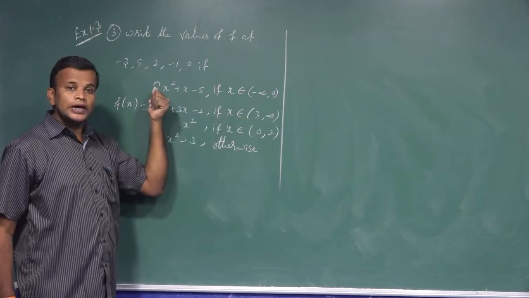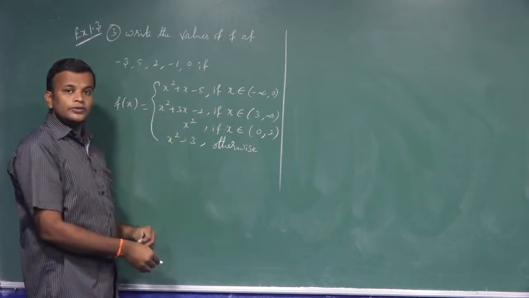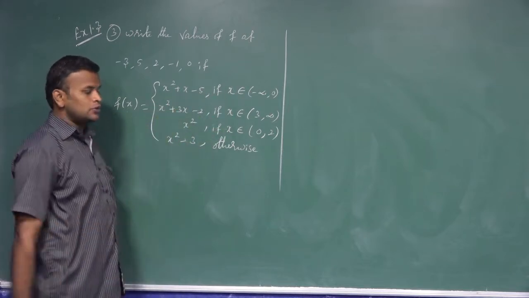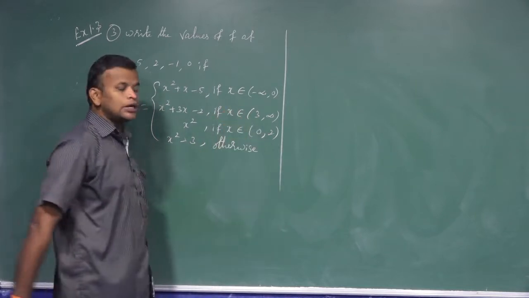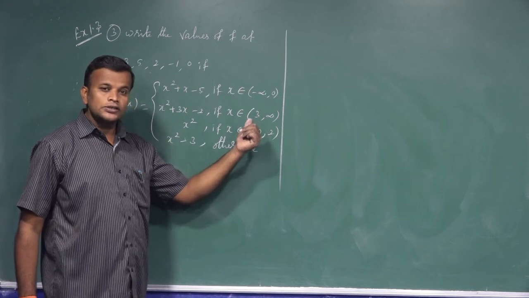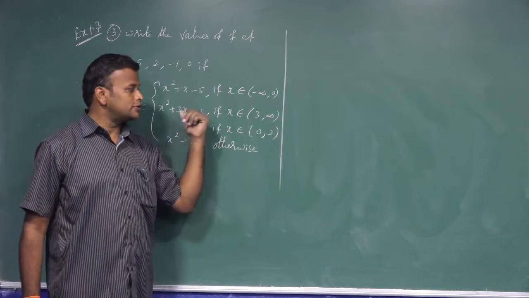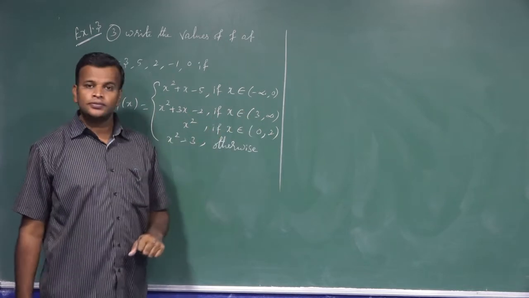f of x is defined as x square plus x minus 5. And f of x has another value, x square plus 3x minus 2, when x belongs to the open interval 3, infinity. So after 3, the next values are 4, 5, 6 like this, all values of x more than 3. f of x is defined in this manner.